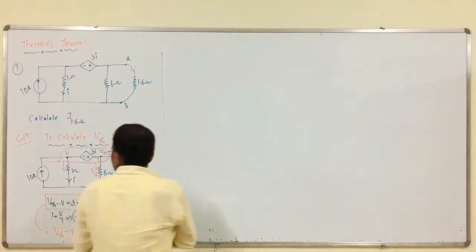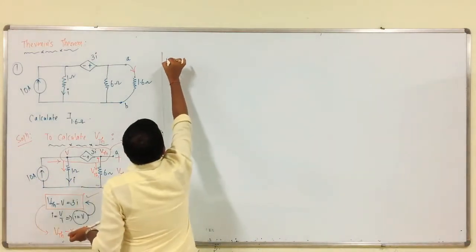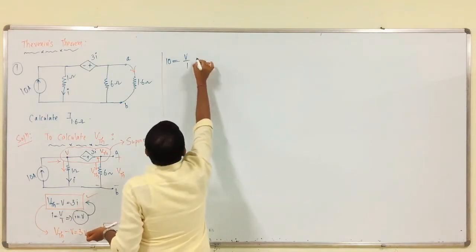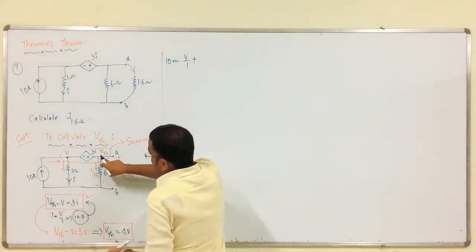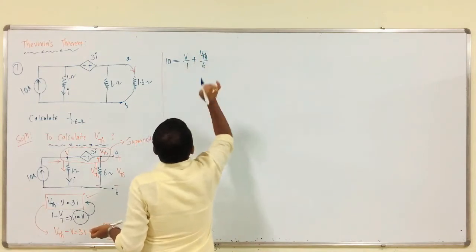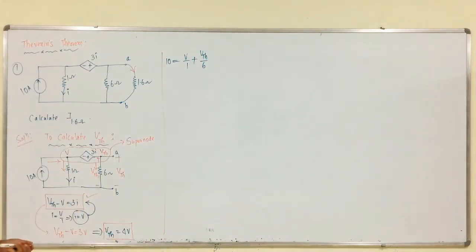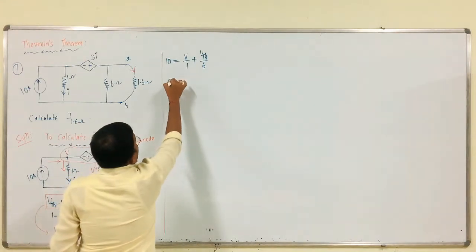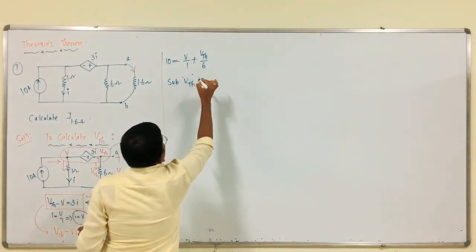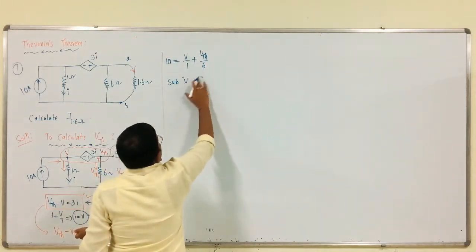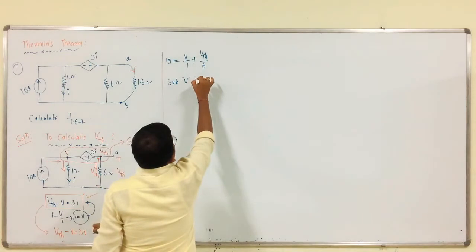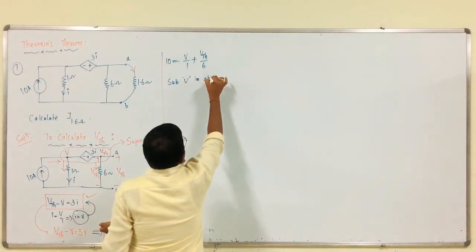Therefore, 10 is entering, V by 1 plus VTH by 6. Substitute the V value, because we have to calculate VTH. Substitute the V value in the above equation.